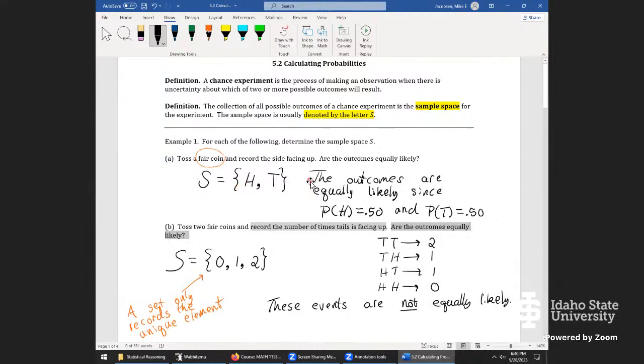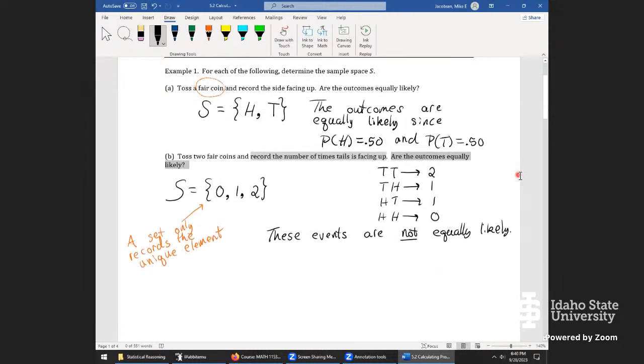Like we did before on part A, we said they were equally likely because we calculated the probability of those events and we observed they're equal. Let's do that same kind of procedure here. Let's take the probability of all these events and see what we come up with. First, the probability of getting a 0.